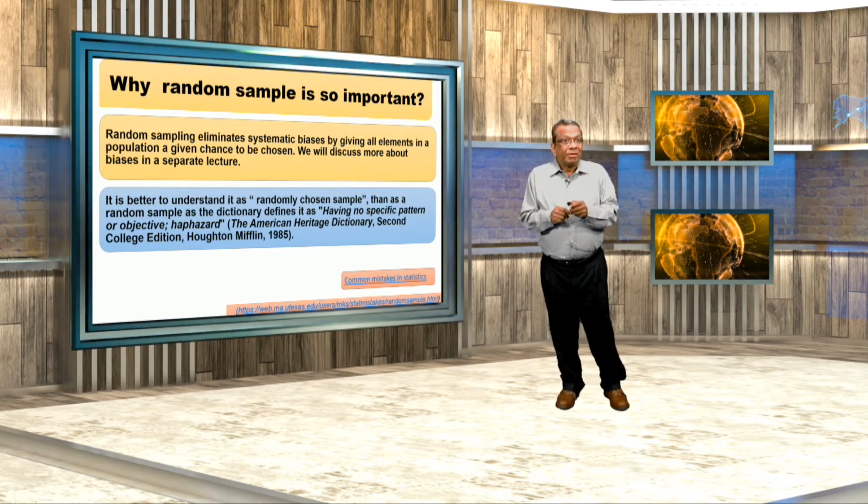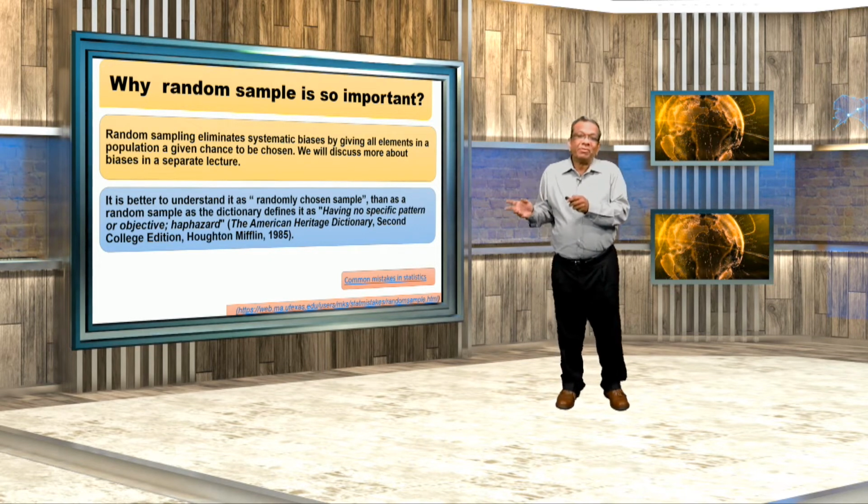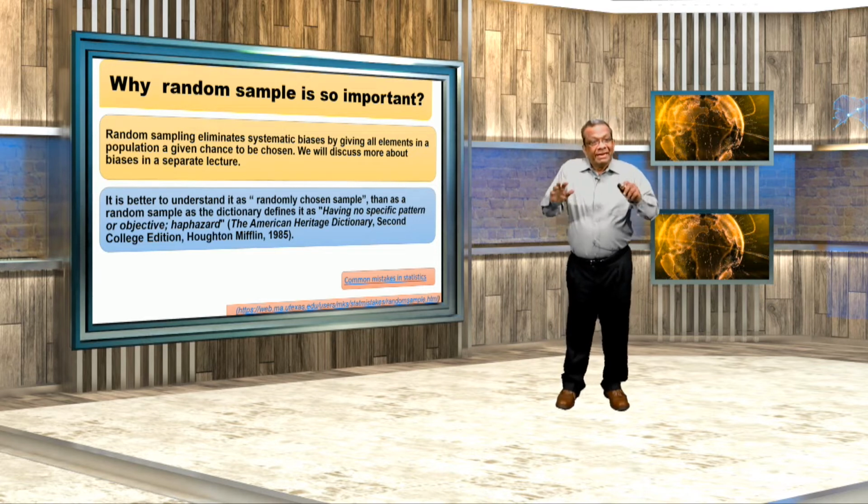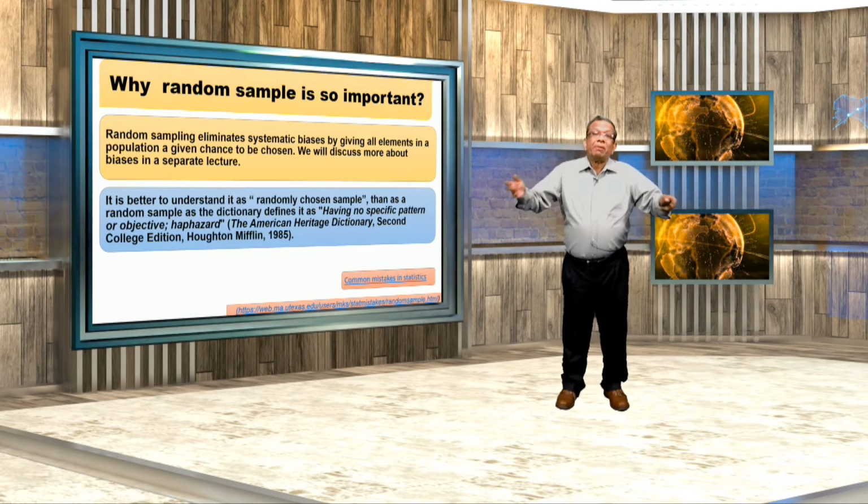We will discuss these biases in a next separate lecture. However, it is enough for us to understand now that a random sample is a chosen sample. It is better to understand it as a randomly chosen sample than as a random sample, as the dictionary defines it as having no specific pattern or objective, or haphazard.